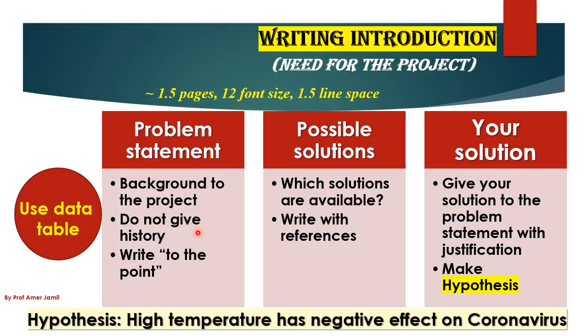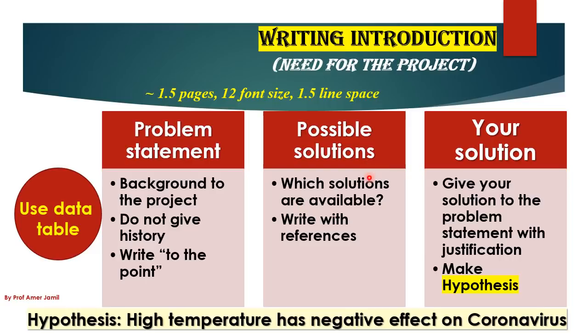You just start building your problem statement, saying that coronavirus is a pandemic causing problems, and we have this consideration that high temperature might affect this virus. So you start to the point, and you may give some references here.